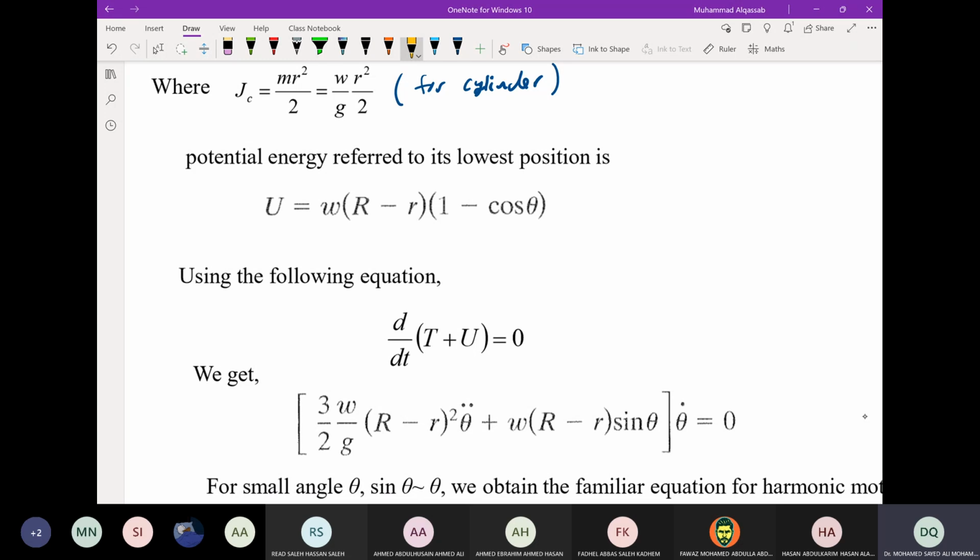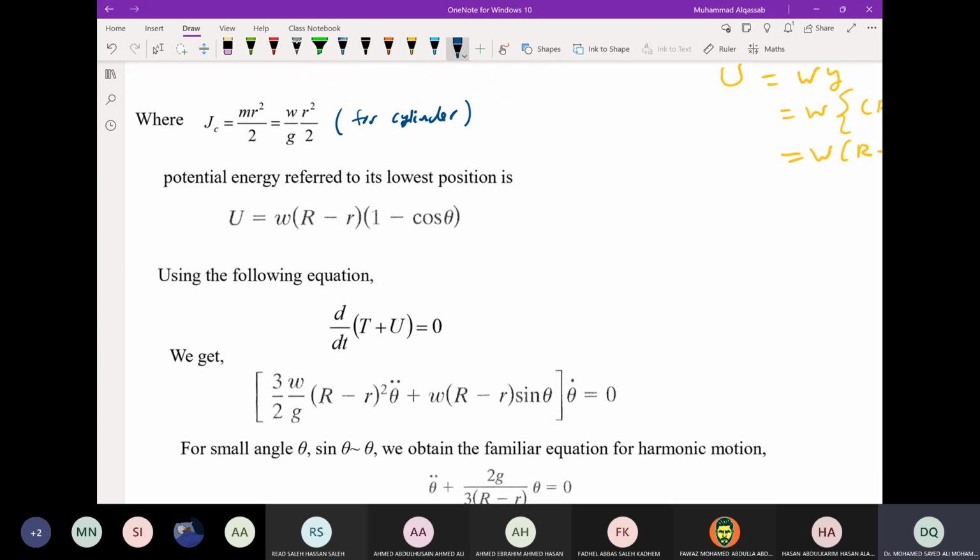And then to get the equation of motion, we use that the rate of change of the total energy is 0. So we substitute for the kinetic energy and the potential energy.